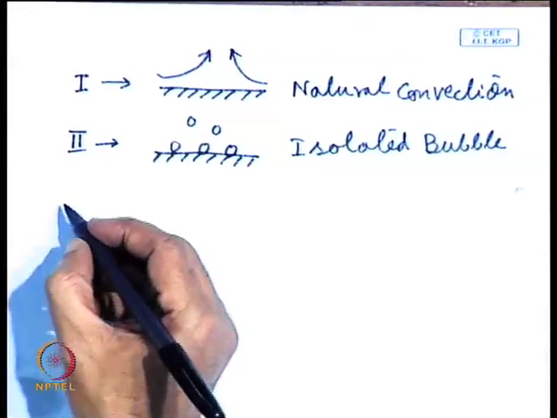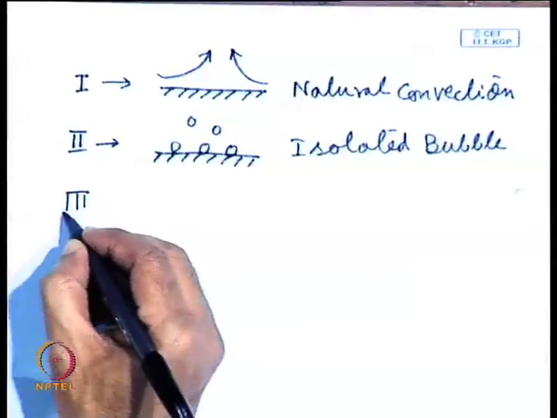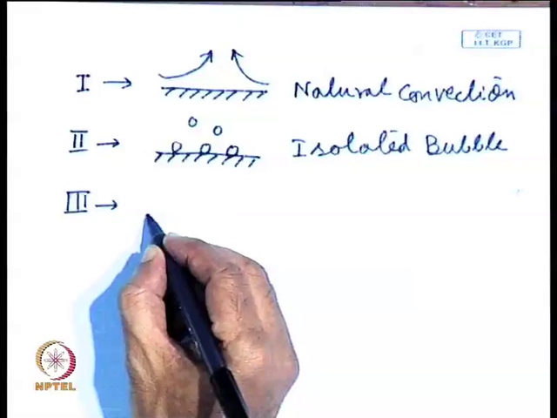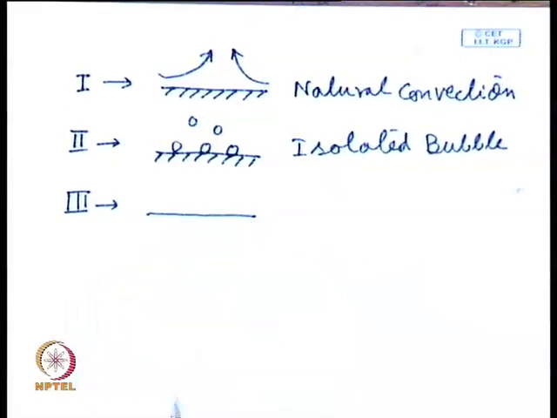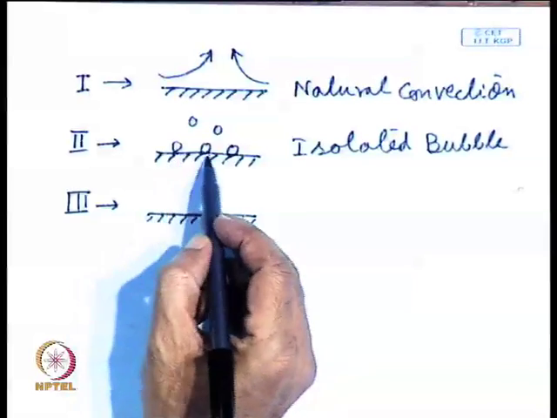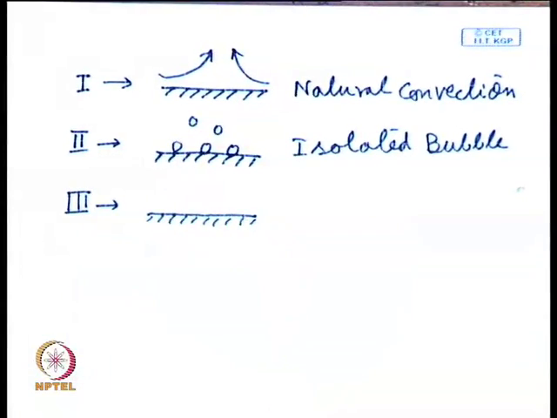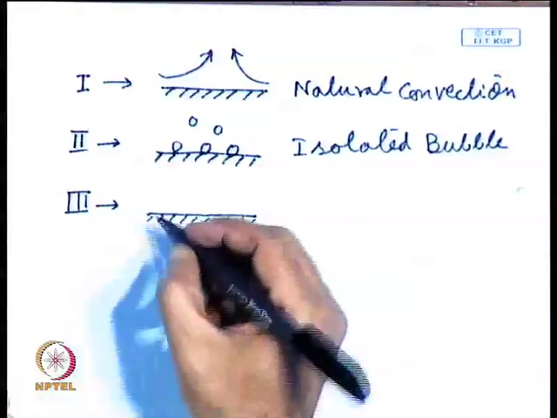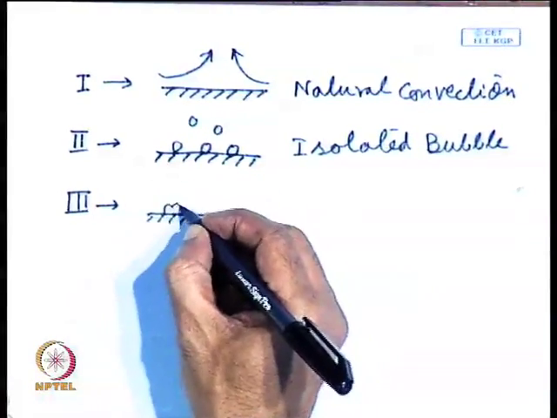The third regime, we are increasing the temperature. So, what will happen? The number of isolated bubbles will increase, the distance between two isolated bubbles will decrease, and then the frequency of bubble generation will also increase. So, instead of isolated bubbles, what I will get?